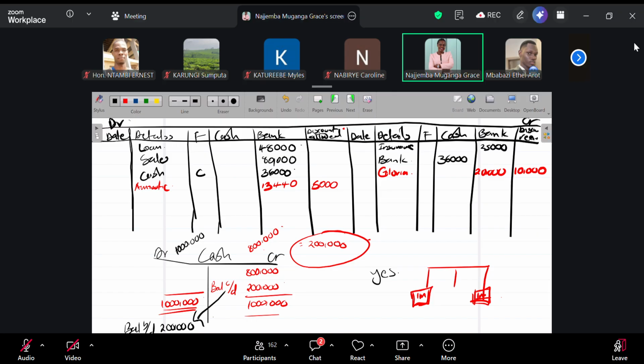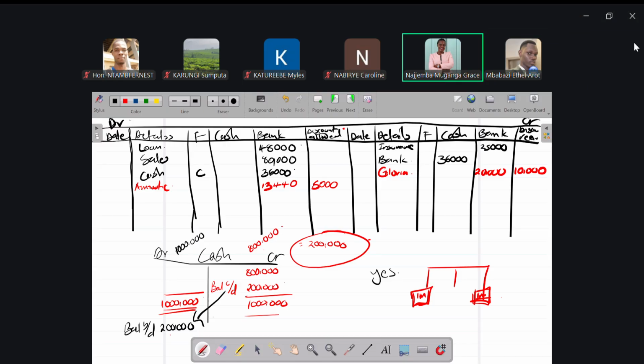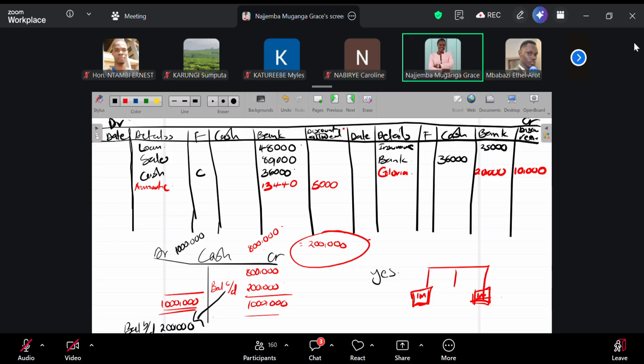Cash. So someone says on the credit we have 83808. Here we have a total 83808.